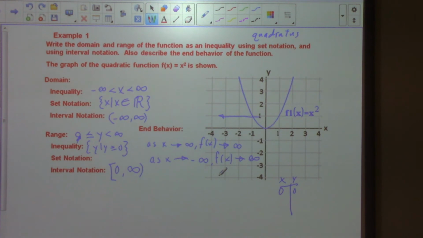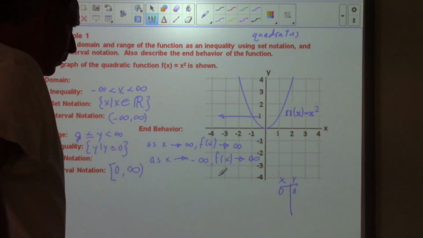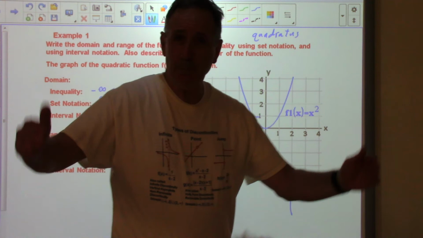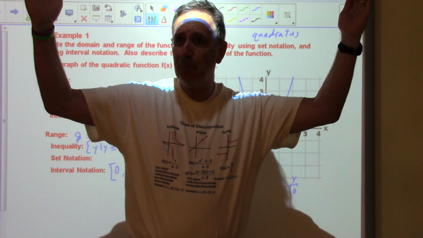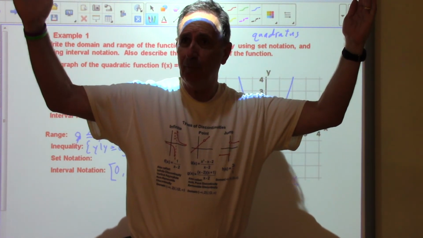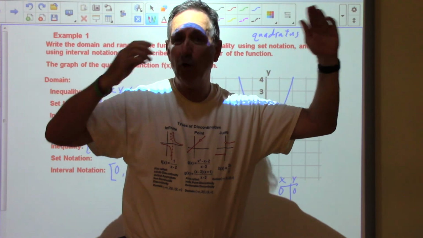Yeah, so anyway, this is an example where your end behavior is the same no matter which way you go, okay? And this is what we call an even function. An even function will reflect about the y-axis. So in this case, this one starts high and ends high, right? And what about y equals x?